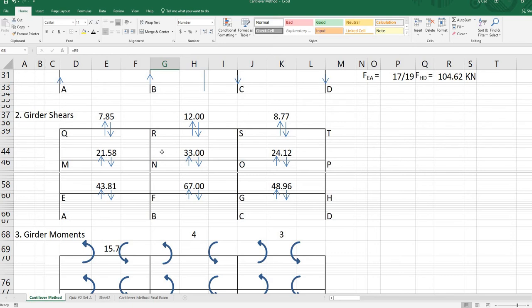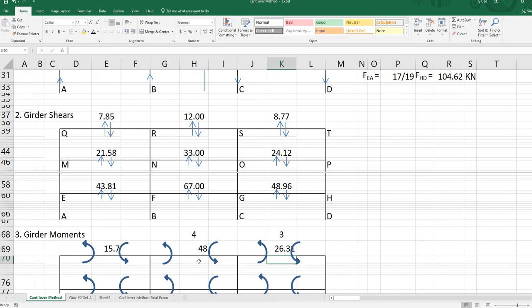Now, let's go to girder shear. Ayan. So, this is equal to 12 times 4. And then, this is equal to 8.77 times 3. Yeah. So this is 26.31. And then, yung moment dito sa left is the same as the moment at the right.